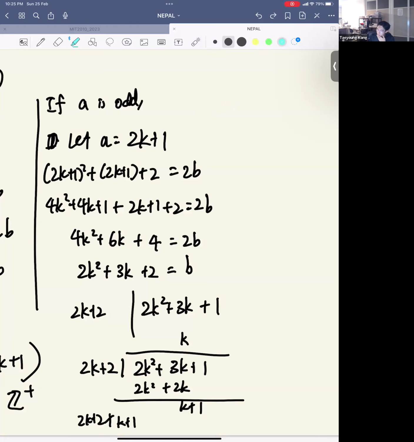I think a shorter explanation could be done by considering mod 4, maybe. Because, wait.